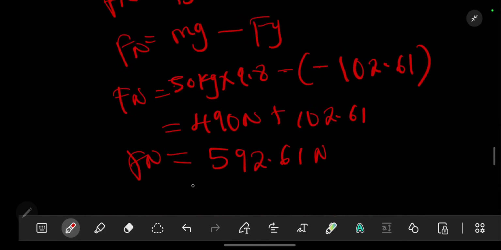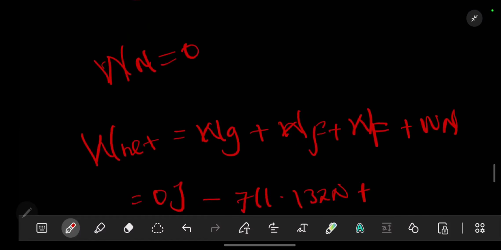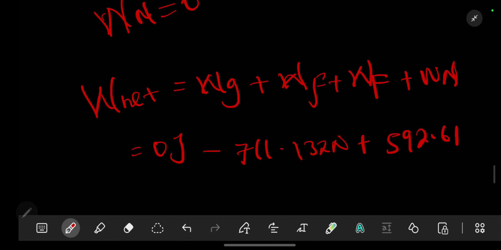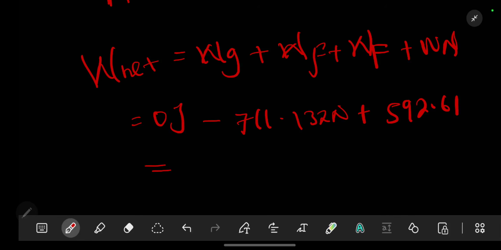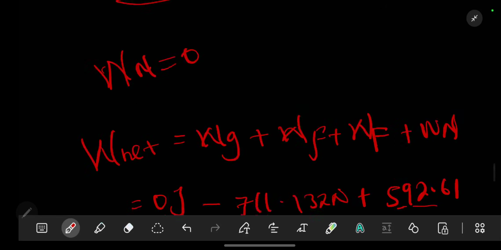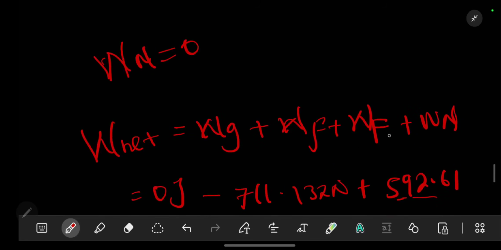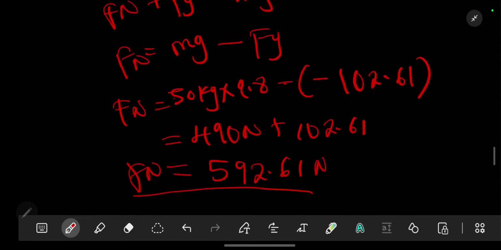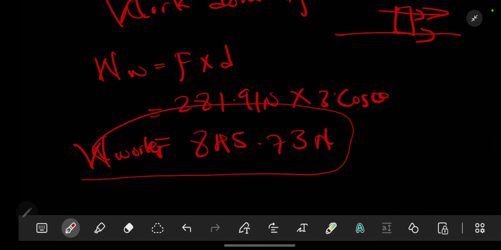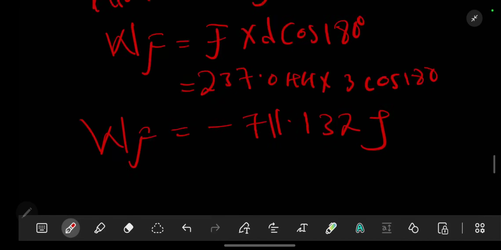What was our work done by the force? We calculated it to be 845.73, not the 592.61.